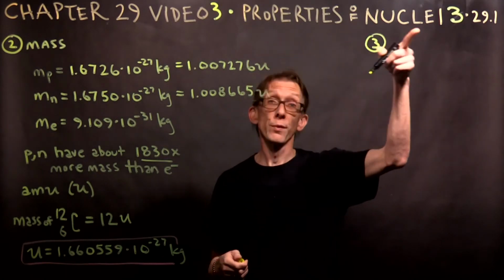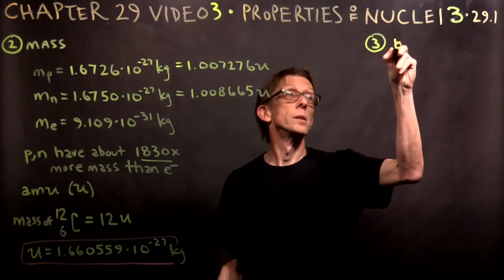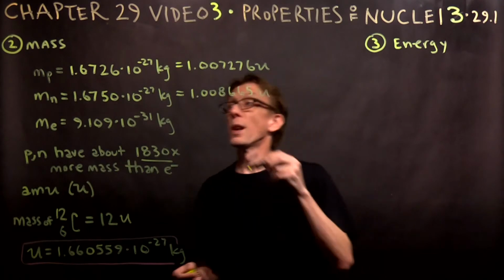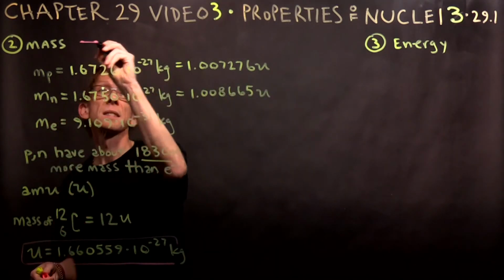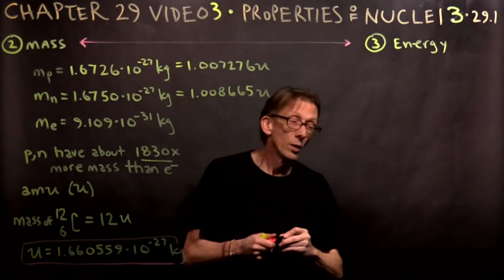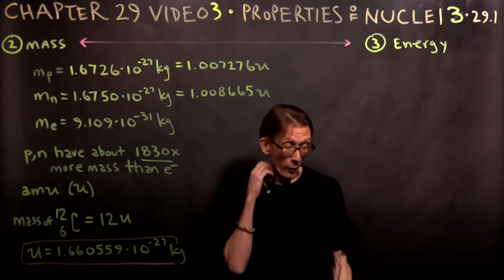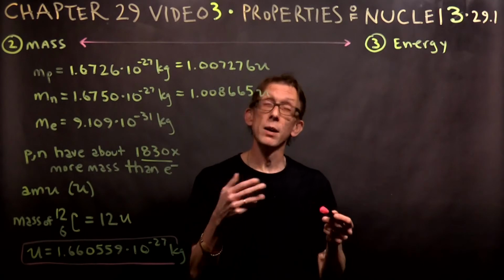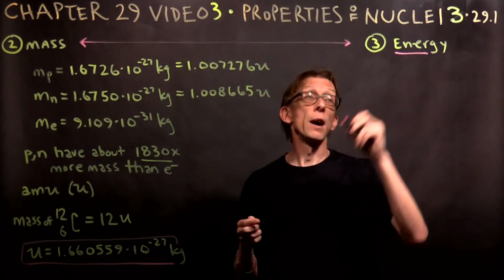We're on properties of nuclei, and the third property is going to be energy. I'm going to say a little about how they're related, and the next lecture is going to be all about energy.